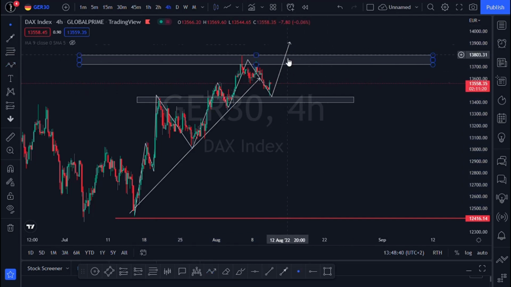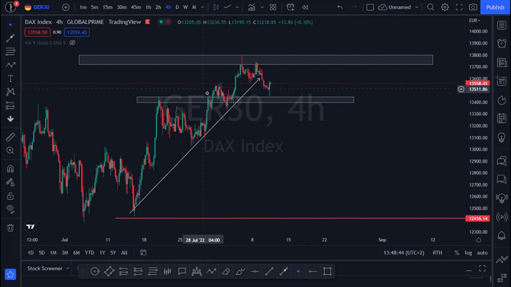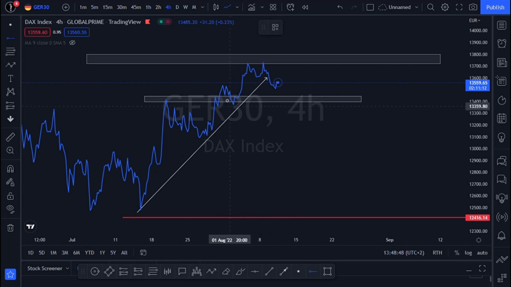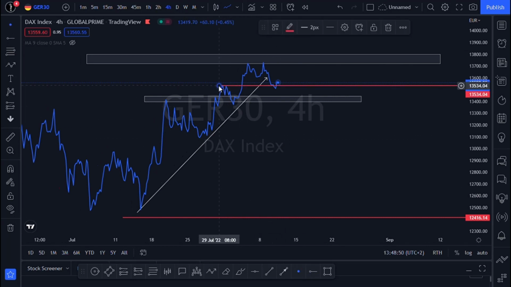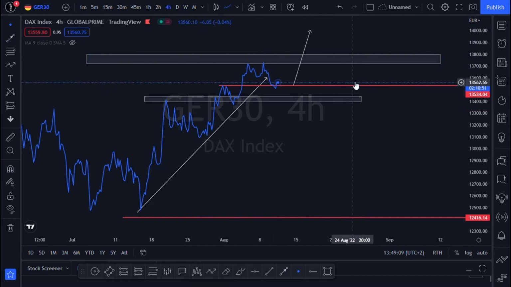Right, but now one thing that I like about this is that structure isn't giving us a clear clean entry, but if you dive straight towards the line chart and place a nice line over here, then you realize that structure is currently playing at this particular level, which means we have a beautiful break of structure at that level and a beautiful retest of structure at this level here, which gives us an indication that structure is going to want to shoot all the way towards the upside eventually.